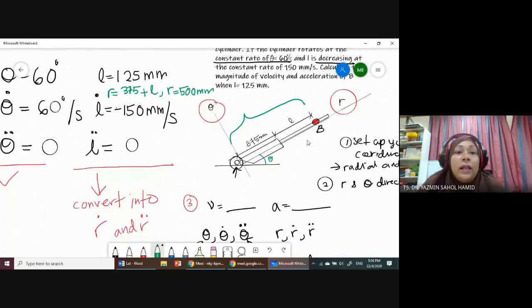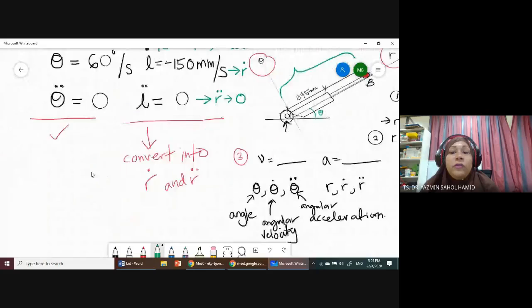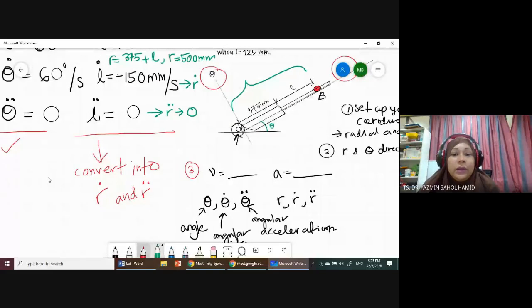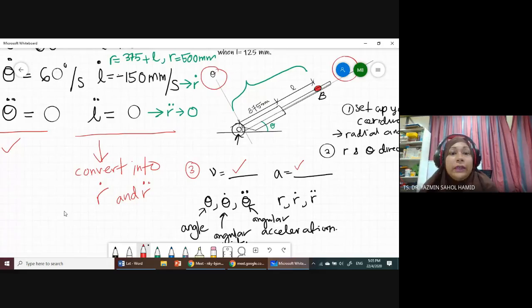L dot equals negative 150 millimeters per second, so this will be the same, our r dot. And what will be our r double dot? 0. Yes, our r double dot will be 0. Good job. So now we need to write down the equation for velocity and acceleration. What is the formula for velocity?